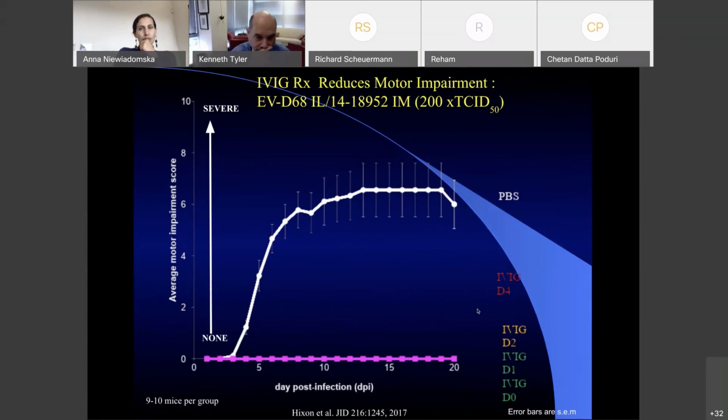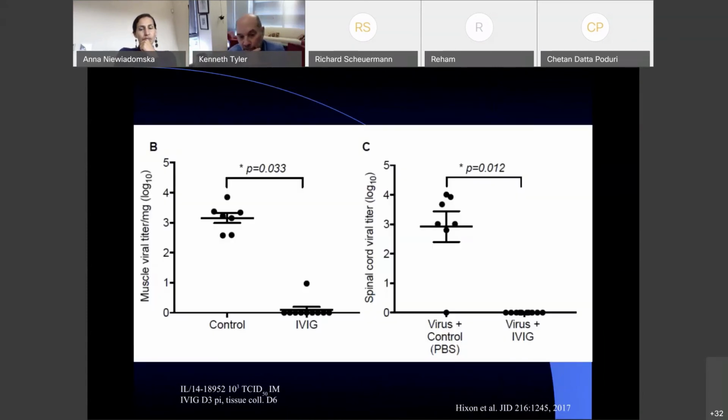Next slide. This correlates wonderfully with decrease in viral titer, both in the site of inoculation, which is the muscle, and in reaching the spinal cord. Next slide.